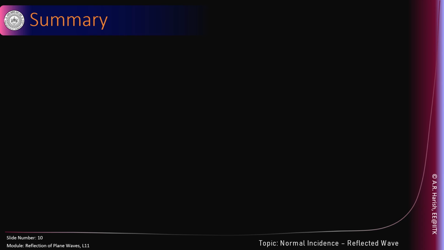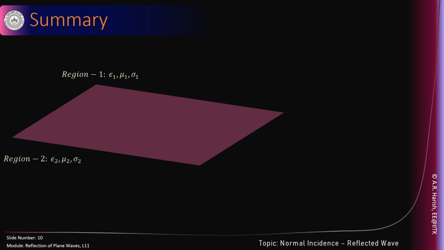Summary, quick one. We had an interface, region 1 with epsilon 1, mu 1, sigma 1 constitutive parameters, and region 2 with epsilon 2, mu 2, sigma 2. We assumed some coordinate system where the z-axis was normal to this interface.